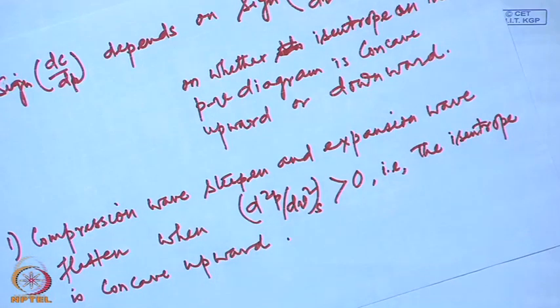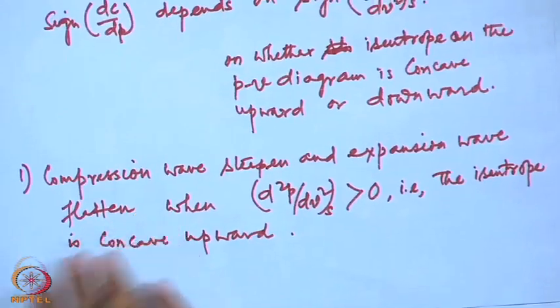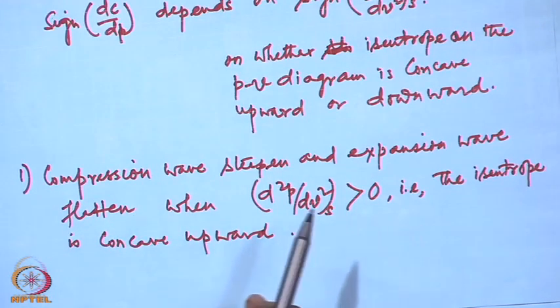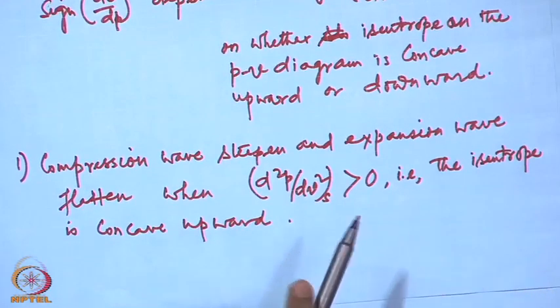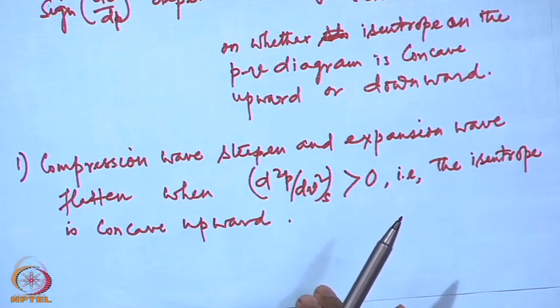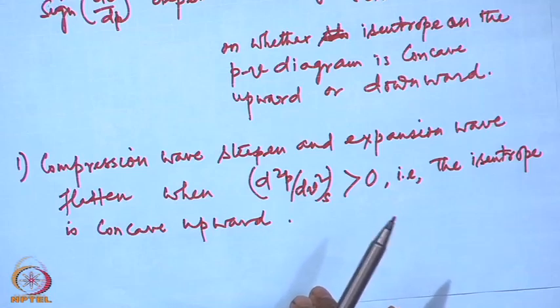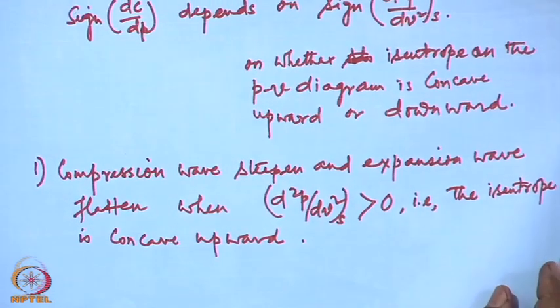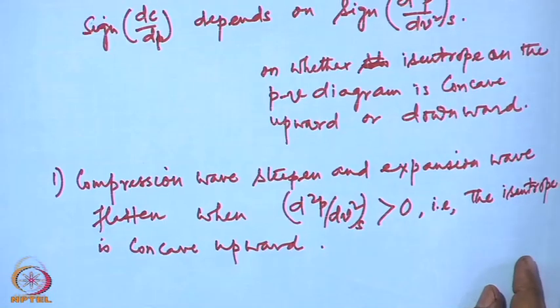This is of course the usual case for all real fluids. The other alternative, that is when d2P/dV2 is less than 0, then the compression wave will flatten and the expansion wave will stiffen. However, no such real fluid exists, and consequently, in all cases the compression wave stiffens and the expansion wave flattens when a wave of finite amplitude propagates through that fluid.